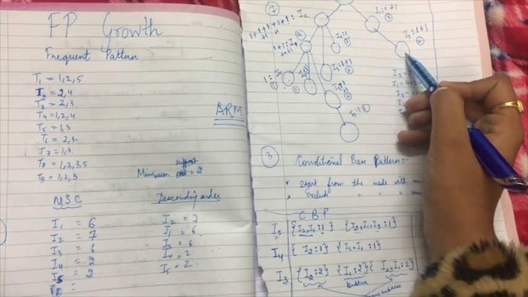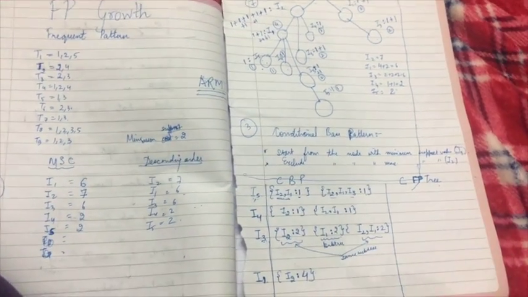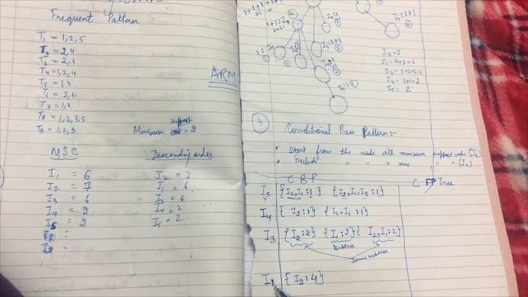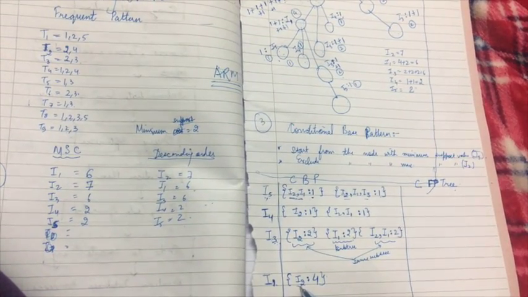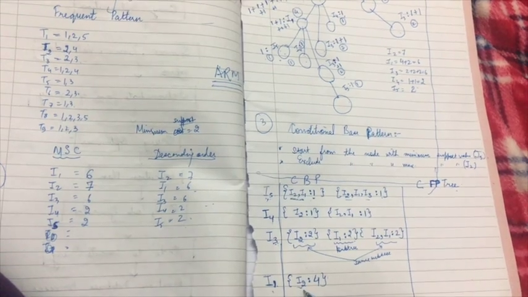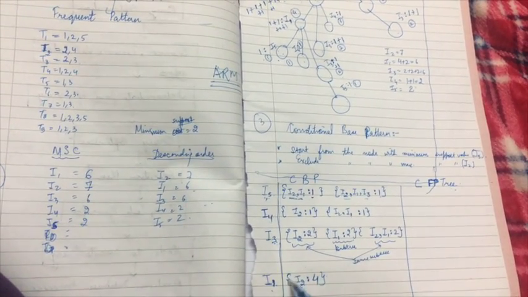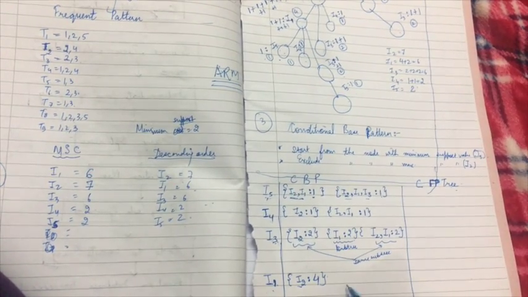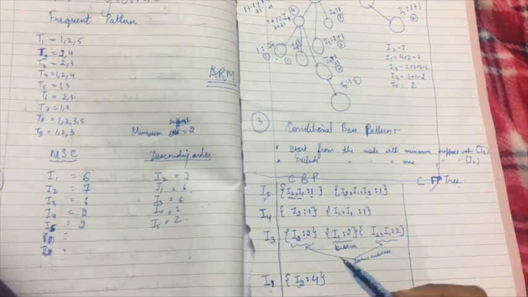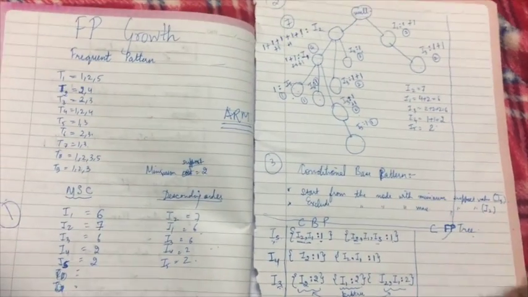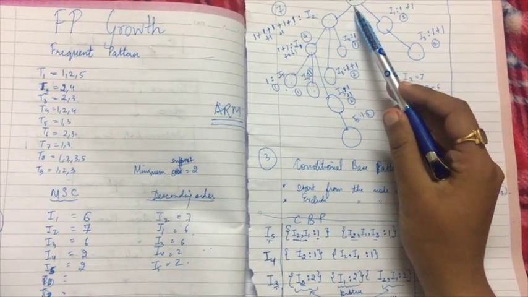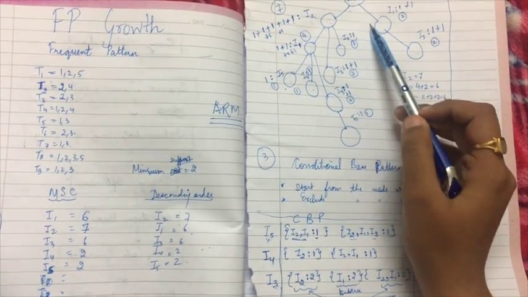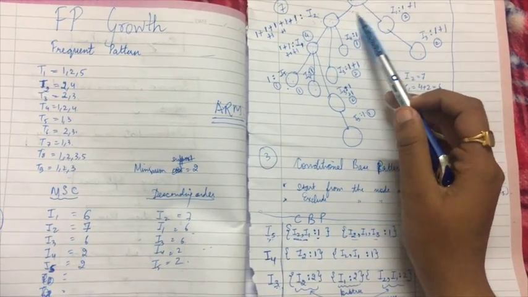One thing you can keep in mind is that the items taken on this side will have a support value greater than the items on this side. That is why I have not taken I3 over here. That's a way of learning, but logically, I am starting from null and I have to reach I1, and it is clear from the graph that I do not have to take any node in between.